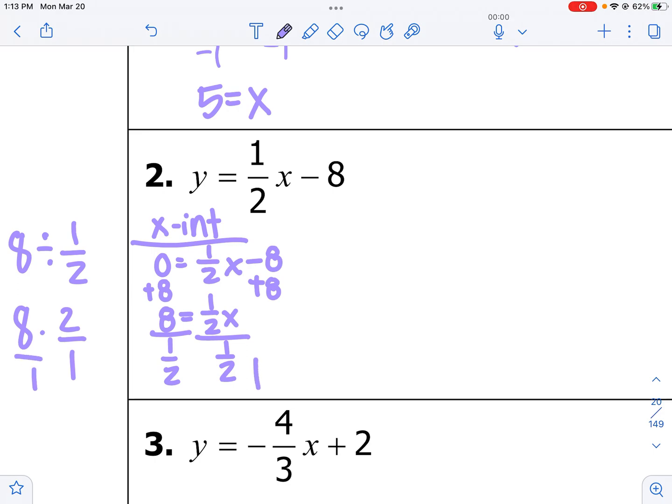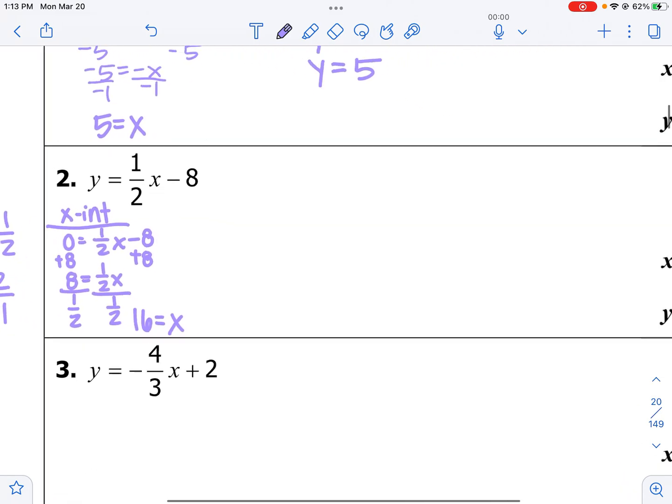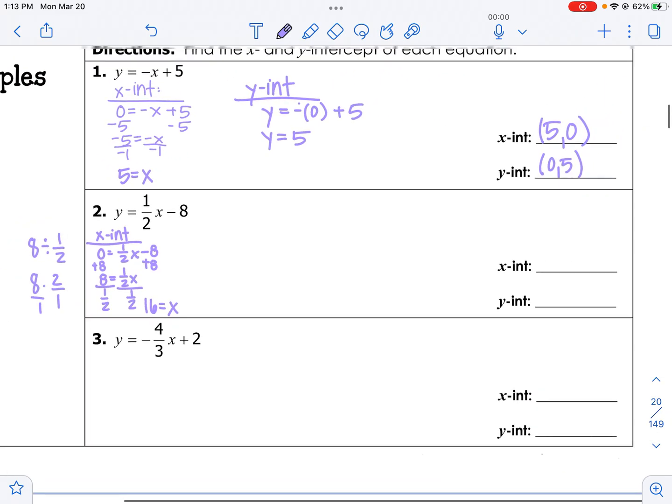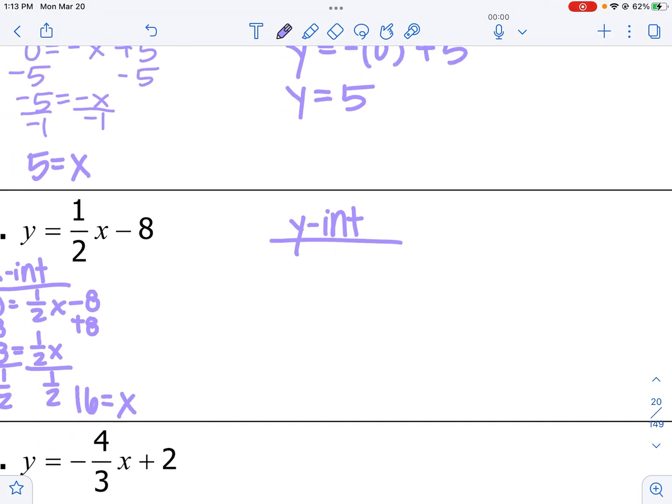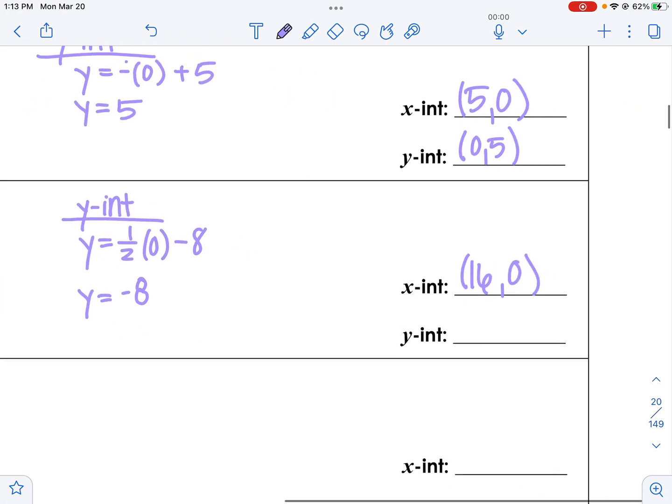So my answer is 16 equals x, and my point would be 16, 0. For the y-intercept, it is going to be y equals 1/2 times 0 minus 8, so just y equals negative 8. And that point is when x equals 0, y equals negative 8.